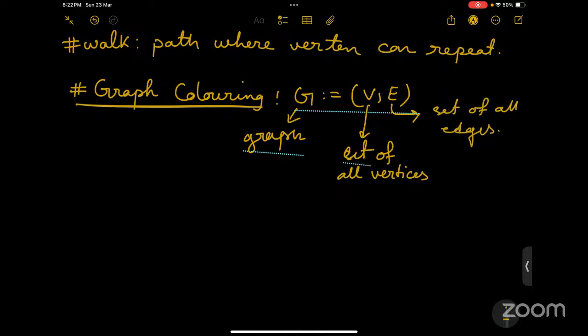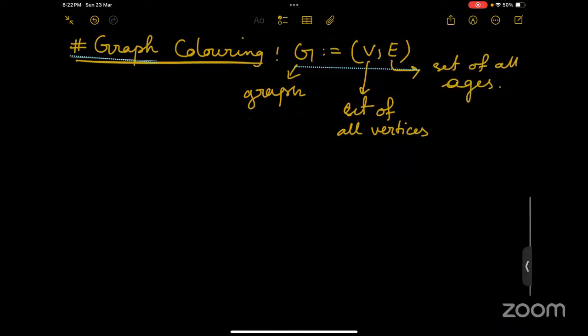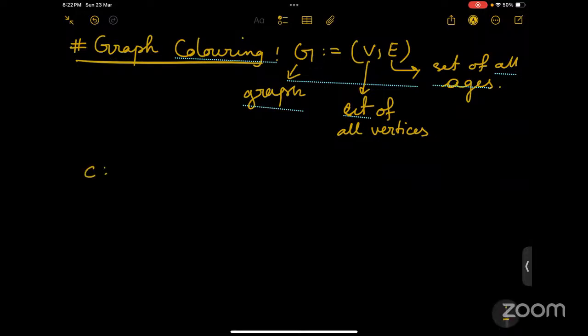Now the coloring, we can look at as a function C from V to, this is a small c, this is a capital C. So C is the set of all vertices after putting the color. So the colored vertices.